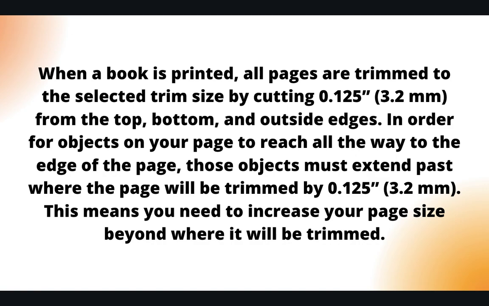As I said, it is going to be cut down by 0.125 from the top, from the bottom, and the outside. That means 0.125, 0.125 and 0.125, that is outside, bottom and top.